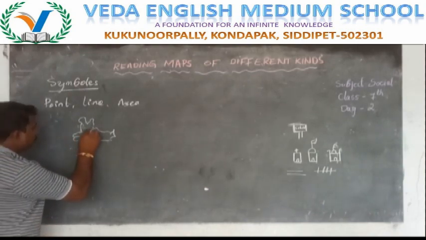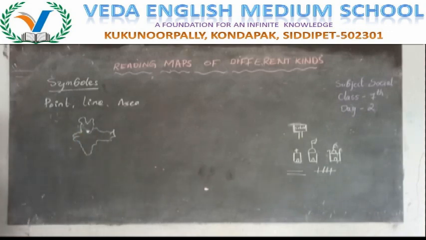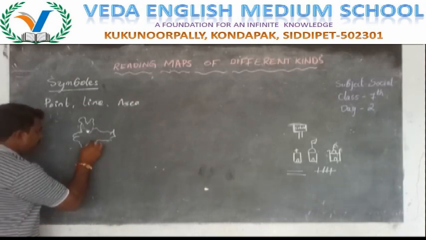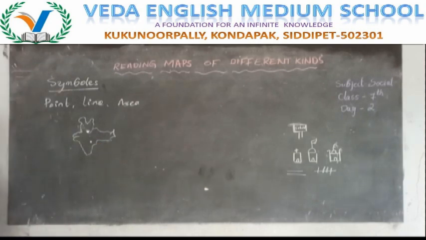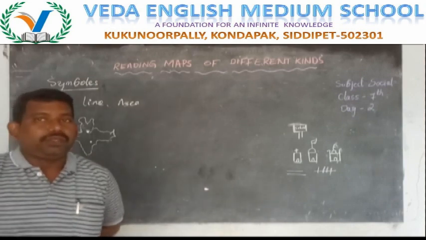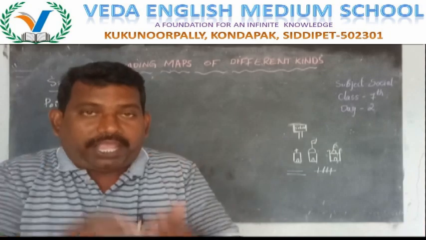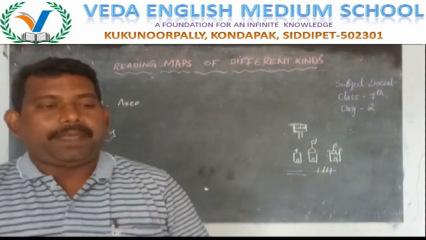We put the dot or the point. Understand, children? If you want to locate Hyderabad, we just put the point here. By using the point, we indicate the different places on the map.